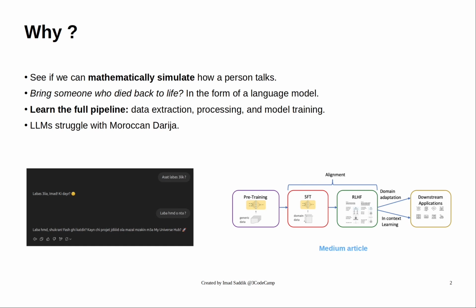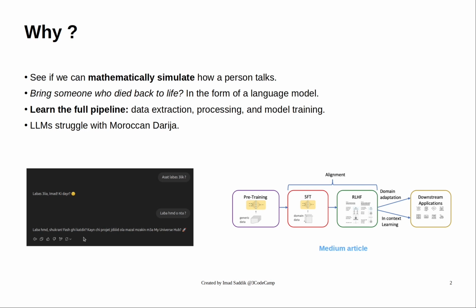Also, I am from Morocco and we speak Darija. But when we type, we mix French and Arabic letters and sometimes we use numbers too. This makes it hard for a language model to understand. If you look at the image, and if you are a Moroccan person or someone from Algeria, you will understand what I said here.